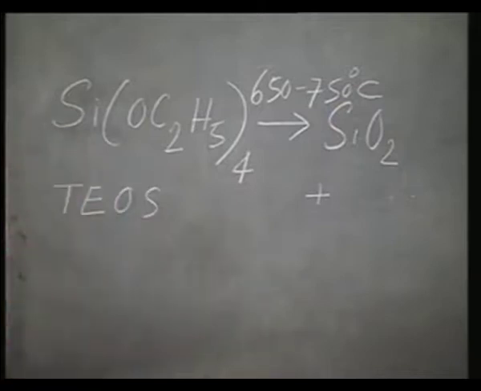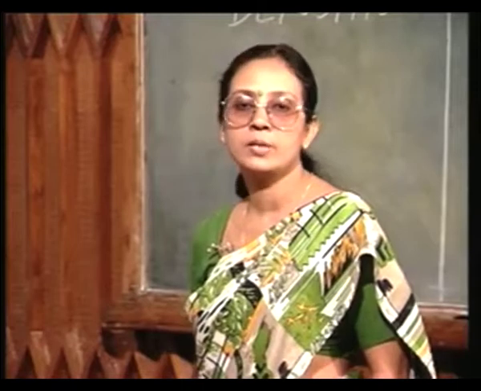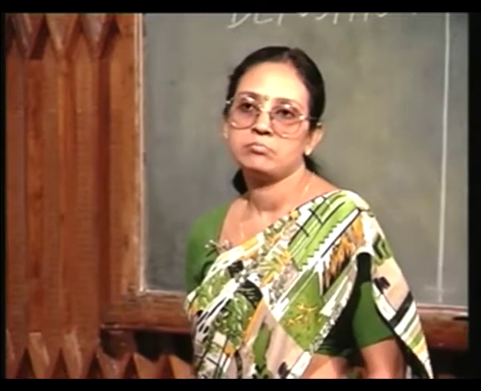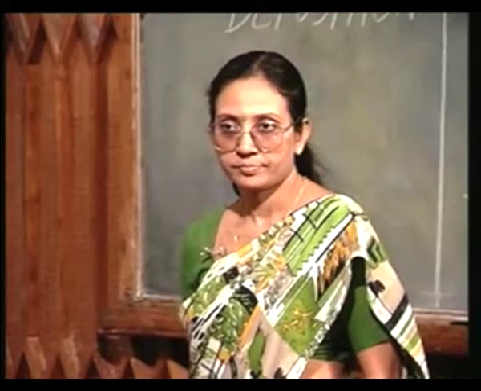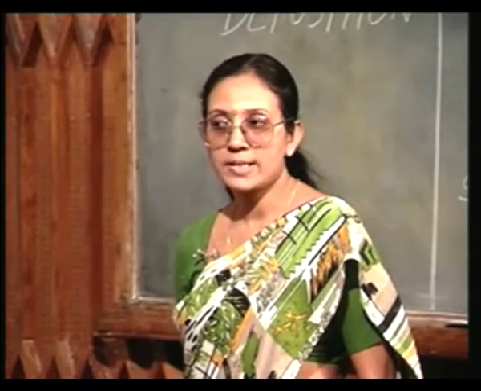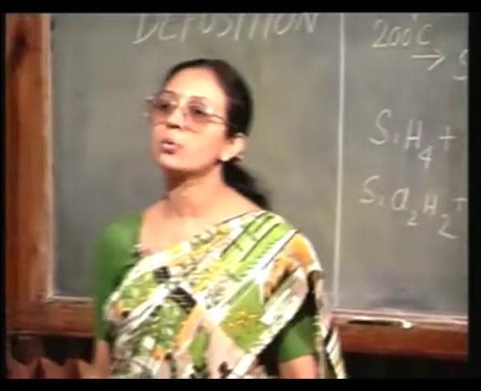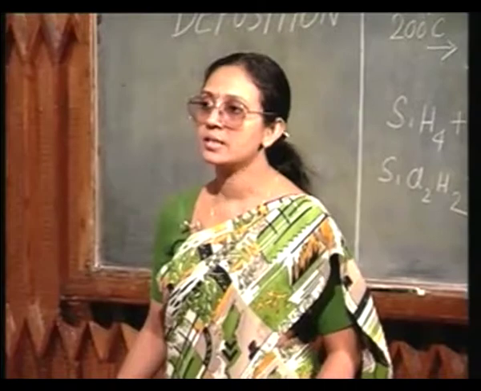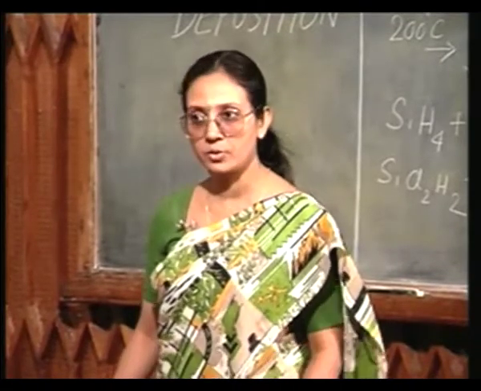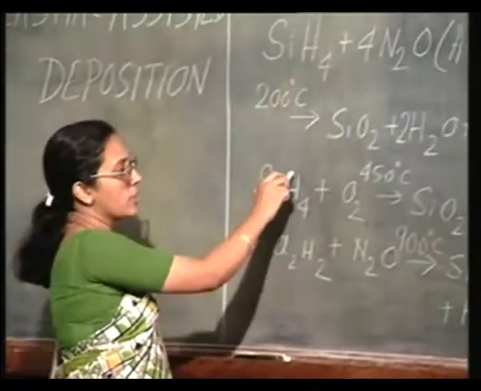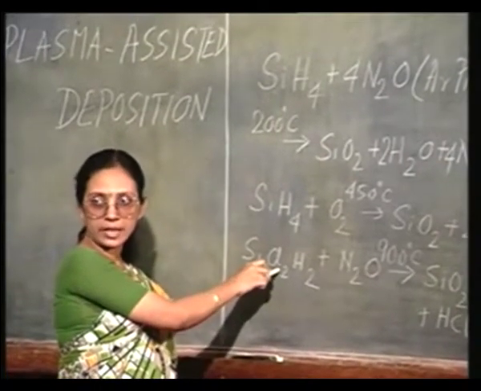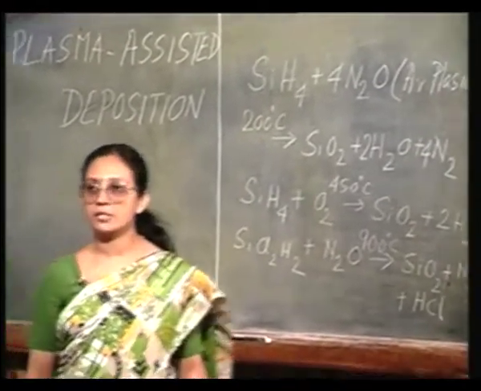This is actually a liquid, tetraethoxysilane is a liquid, and you vaporize this liquid at this temperature of 650 to 750 degrees centigrade, it decomposes forming silicon dioxide and other hydrocarbon byproducts. So, essentially you see all these chemical reactions are quite similar. I have a silane or something similar to silane, either silane, in these two cases silane, in this case it is a dichlorosilane, in that case it is a tetraethoxysilane.